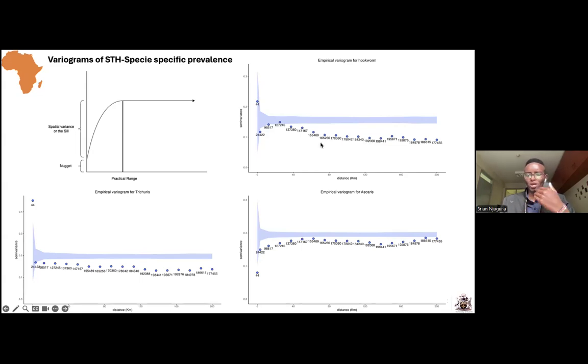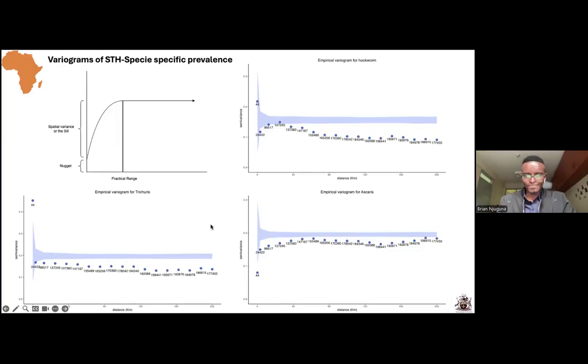So one of the formal ways to test whether this actually happens is by calculating the 95% tolerance band here. And it's simple: if all the points fall inside this tolerance band, then it means that there is no spatial correlation, and you really don't need to do geostatistical modeling, and other statistical modeling which do not include the spatial aspect would suffice.